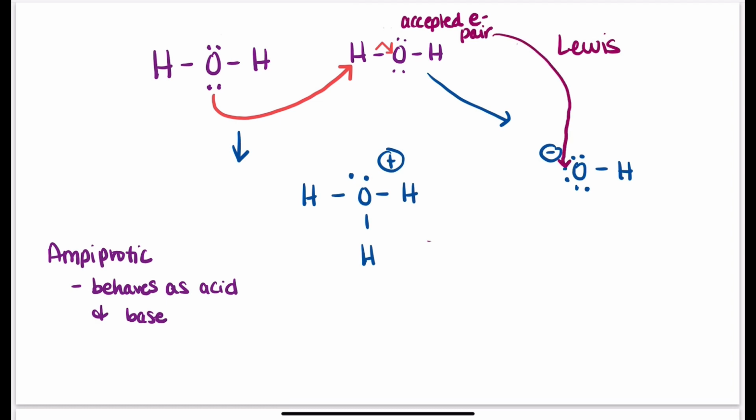A base is an electron pair donor. This compound donated a pair of electrons, or I guess I drew on the bottom here, donated this pair of electrons to form the bond. So just kind of connecting them all back to the definitions of each. So I am following the definitions of each species.